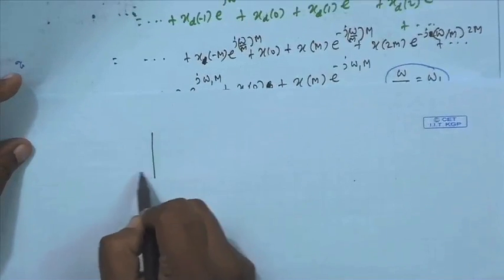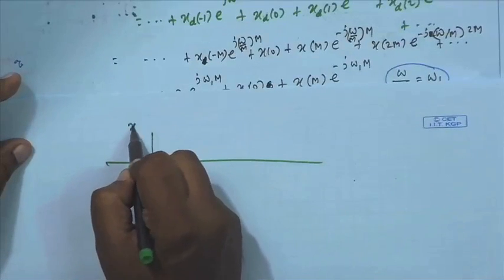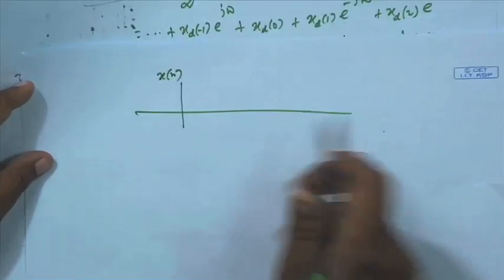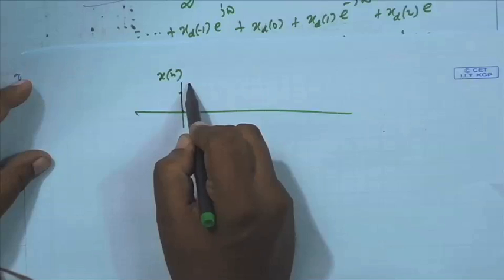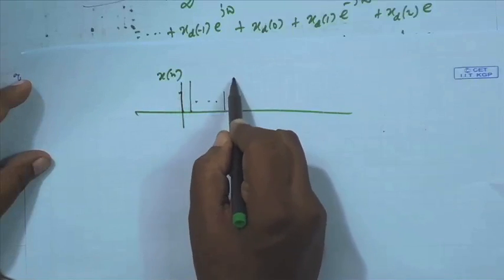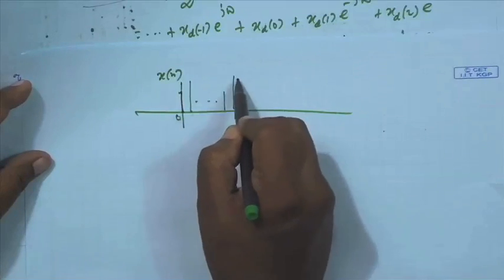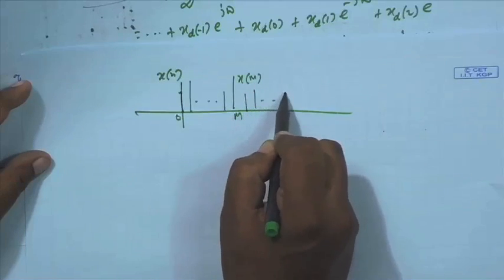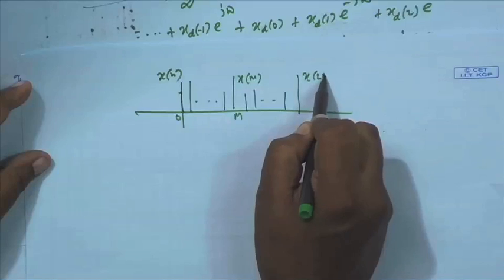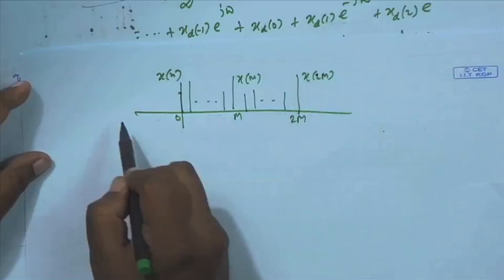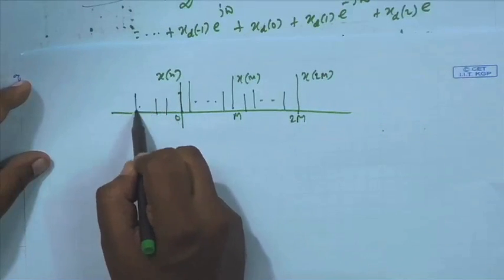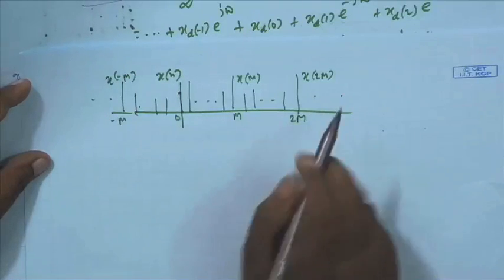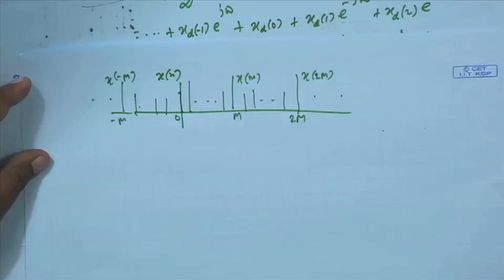Suppose this is your original x n, mth sample, 0th sample, intermediate samples I am not so bothered about, again these intermediate samples, then x 2 mth. On this side also you have got something, then x minus mth and so on. This is the original sequence x n, right.